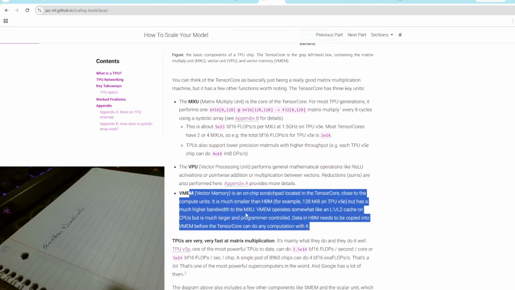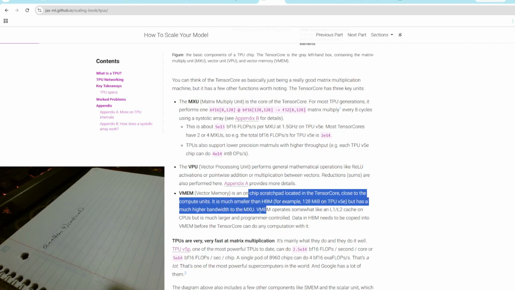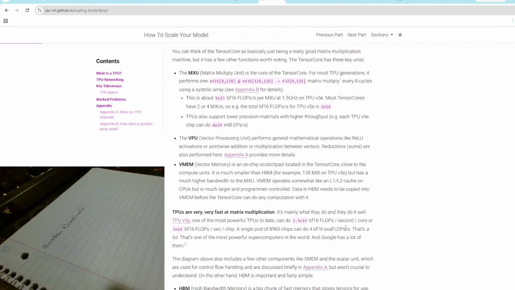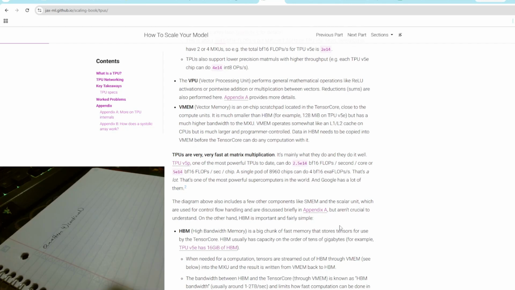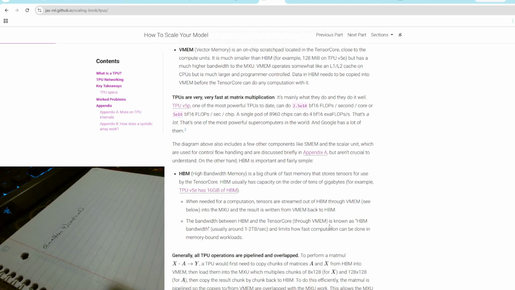So maybe this is it. TPUs are very fast. I wonder if there's some of VMem in the appendix.